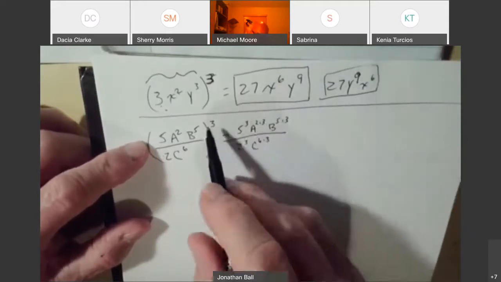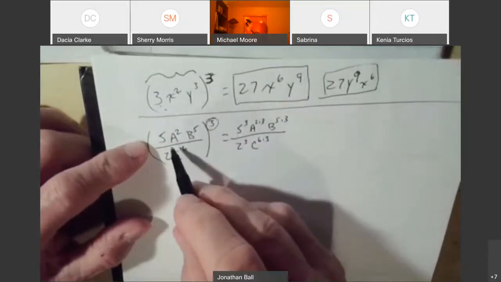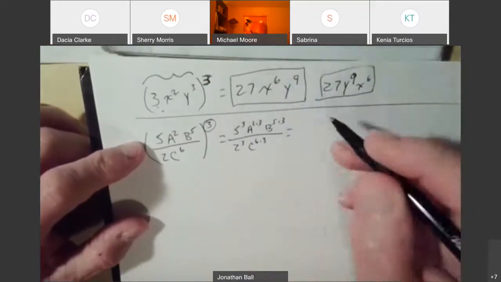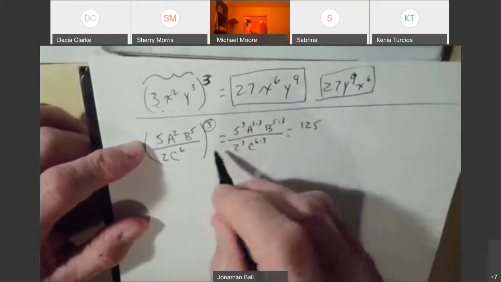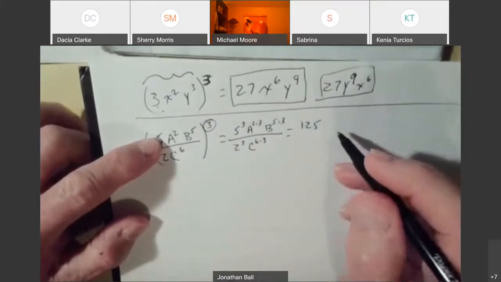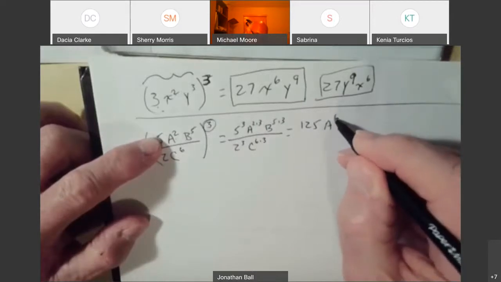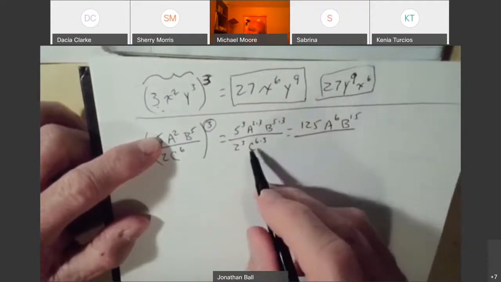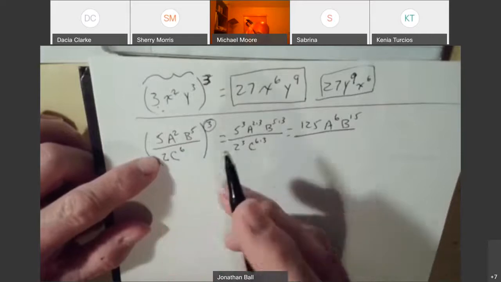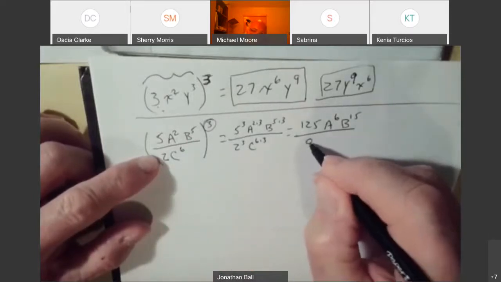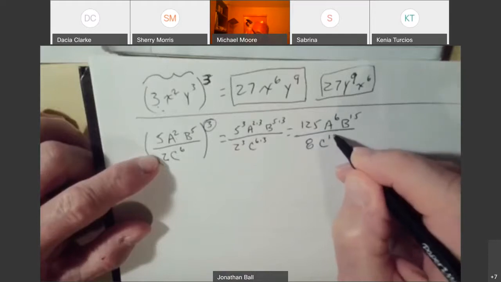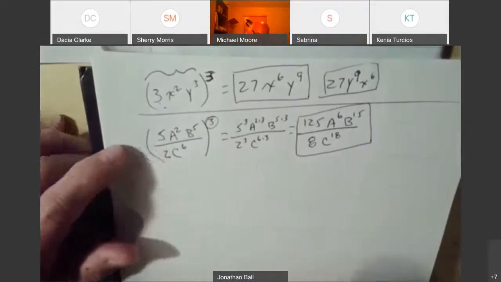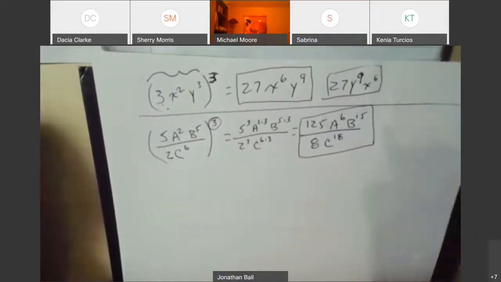We're going to multiply the 3 to every exponent in there. So 5 cubed is 125, I think. a squared cubed, again, we multiply the exponents. a to the 6th, b to the 15th, over we're going to cube the 2, that's 8, I think, c to the 18th. Can we reduce this fraction here? I don't think so.